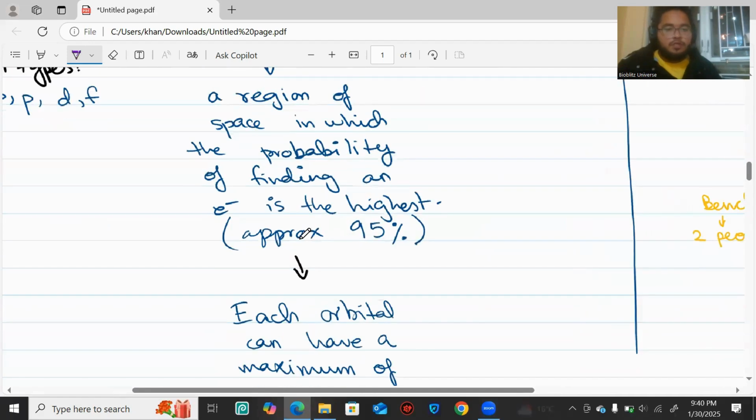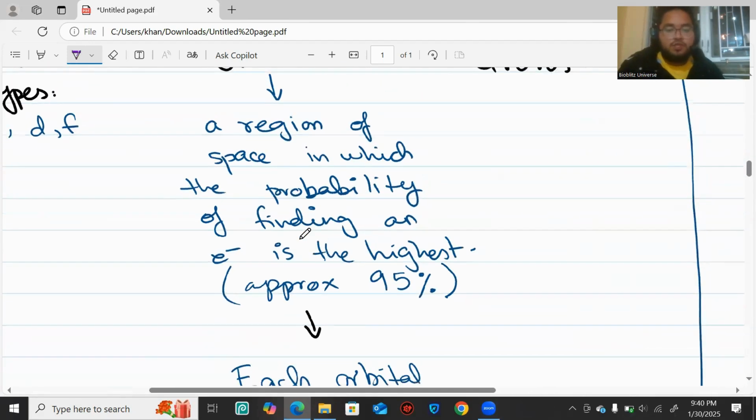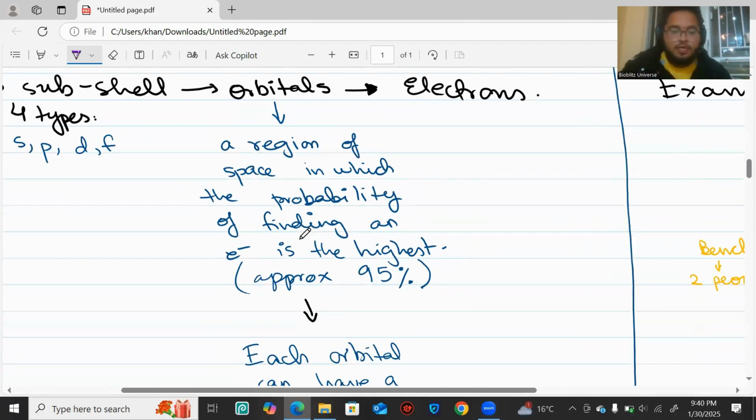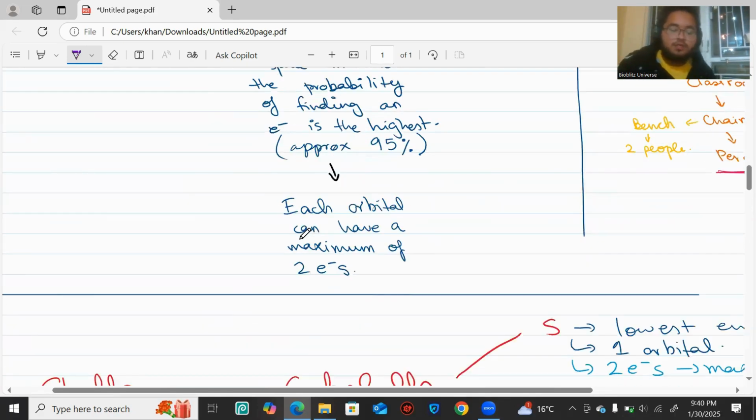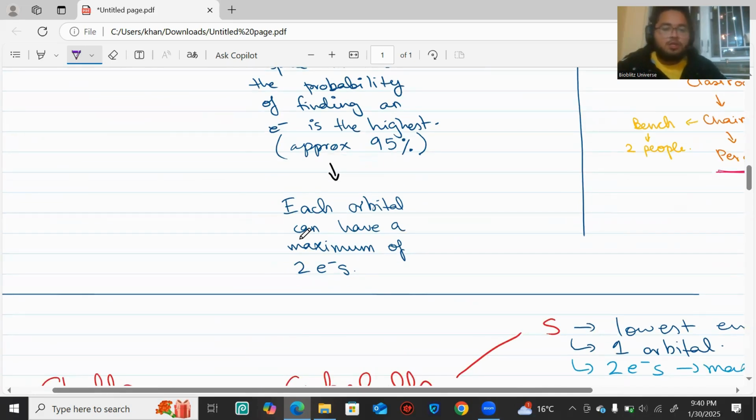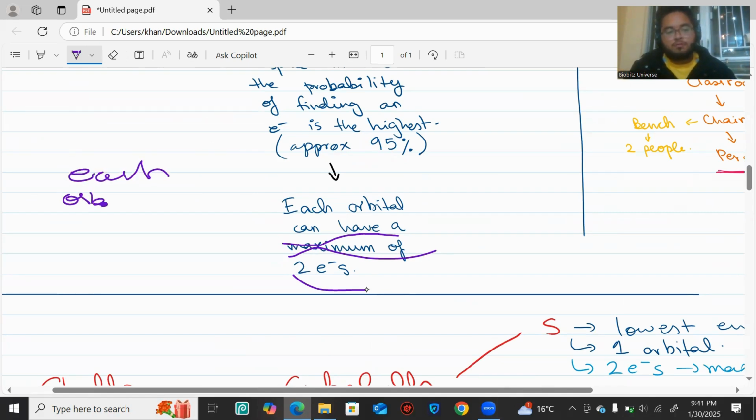An orbital is basically a region of space in which the probability of finding an electron is the highest, approximately 95%. Each orbital can have a maximum of two electrons.